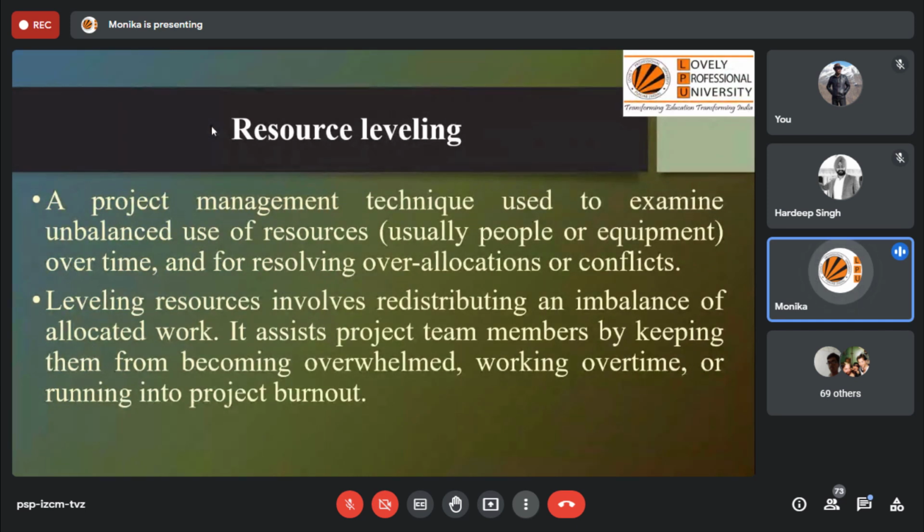Because while you are going to allocate the resources in MS Office, what will happen? Let us consider a small example. You have written in your resource sheet that you have 50 laborers, okay? And for excavation work, you have only 5 laborers available. Now, when you assign those laborers to that particular activity, excavation work, let us consider you are assigning 6.